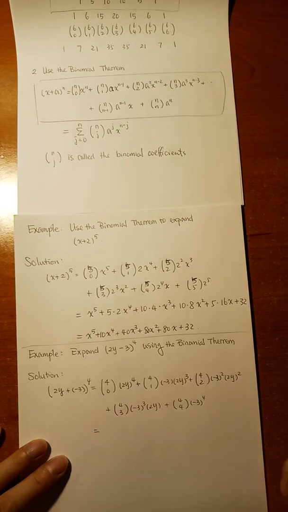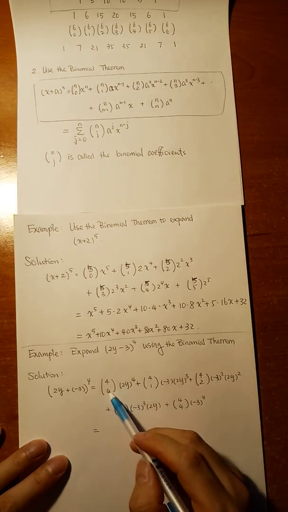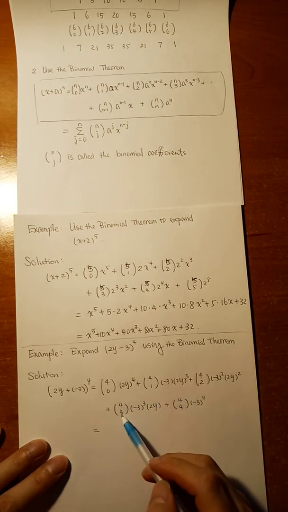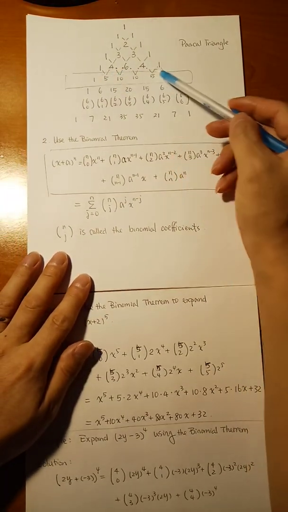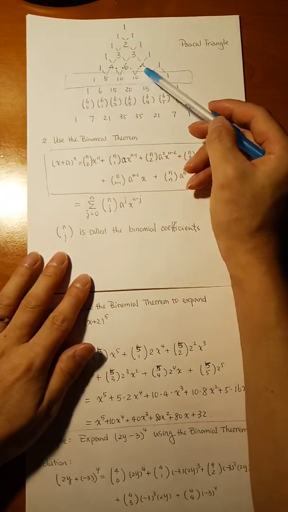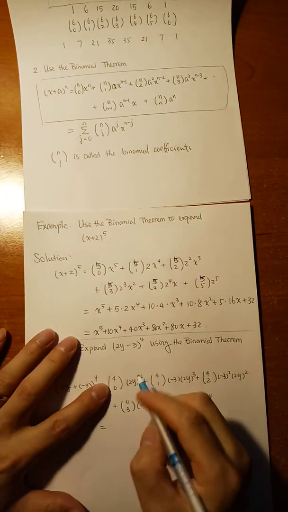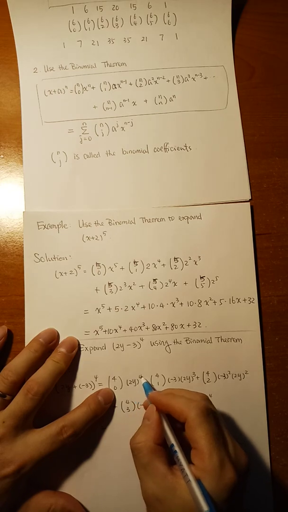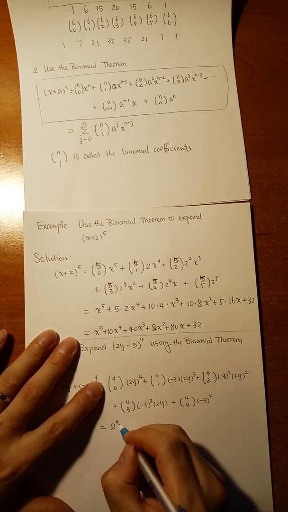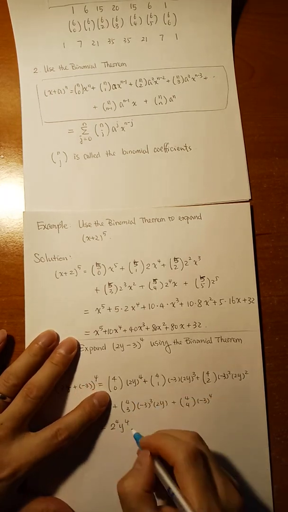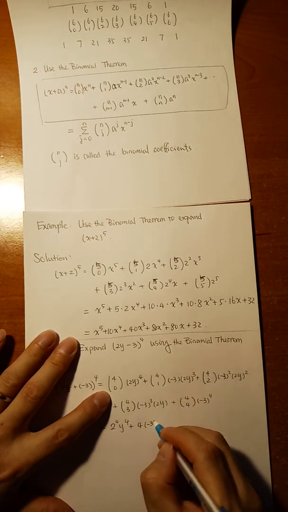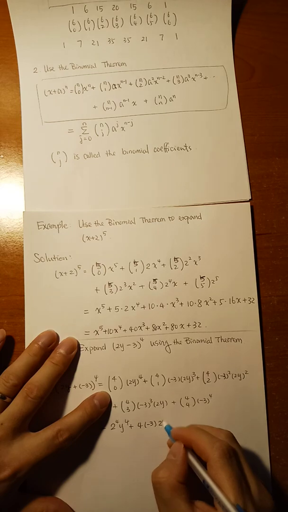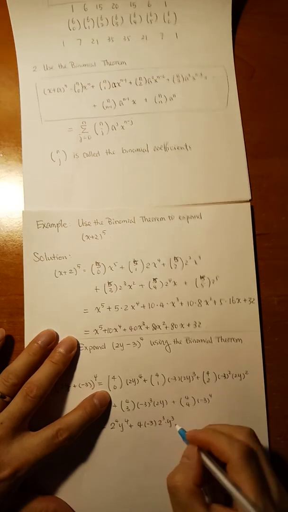Now for 4 choose 0, 4 choose 1, 4 choose 2, 4 choose 3, 4 choose 4, you just go back to Pascal's triangle and figure out it is 1, 4, 6, 4, 1. This is a 1, you don't drop it. 2y to the 4 is 2 to the 4, y to the 4. 4 choose 1 is 4 times negative 3, and this is 2 cubed y cubed.